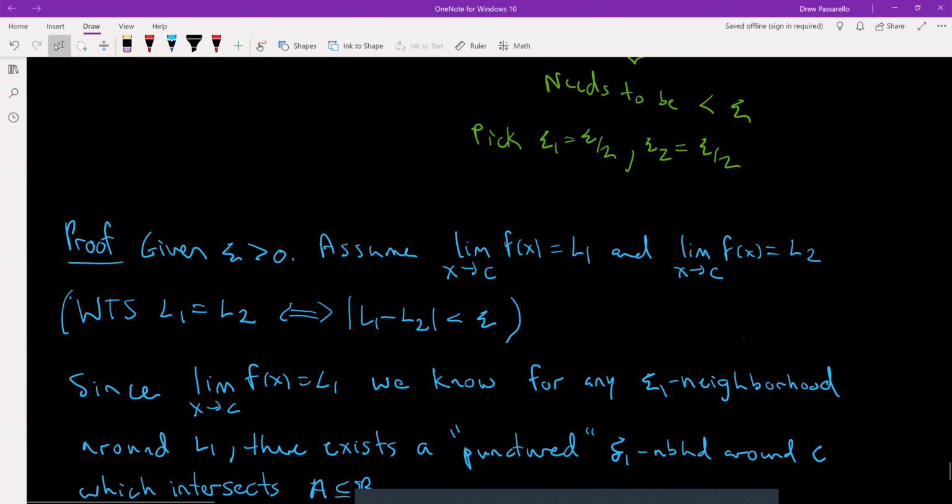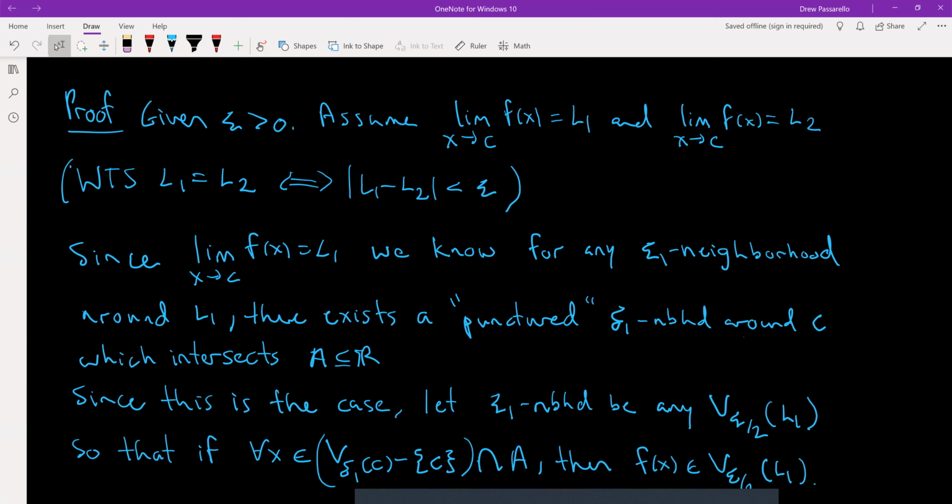So since we have that the limit of x approaches c of f of x equaling L1, we know for any epsilon1 neighborhood, so I'm just calling it subscript 1 to correspond with L1, there exists a punctured neighborhood delta 1 around C, which intersects A, which is a subset of the real numbers.